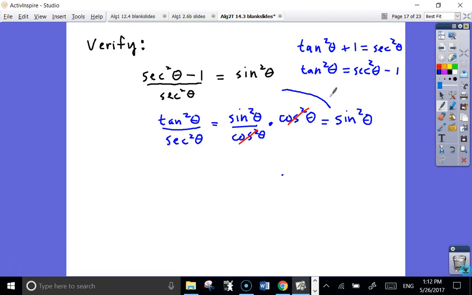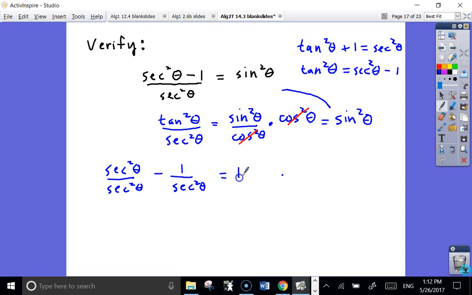Here's an example of how you could have done this differently. I think at first block I did this instead. I've got 2 terms in the numerator and 1 term in the denominator. How about if I just split that into 2 terms? What if I say secant squared theta over secant squared theta minus 1 over secant squared theta?